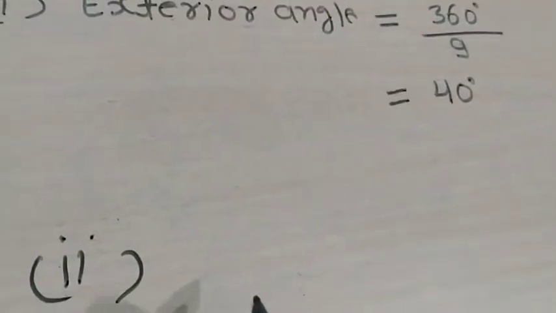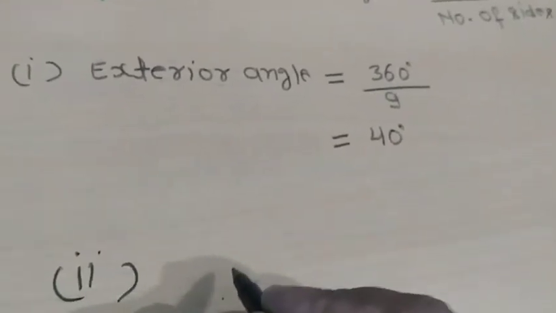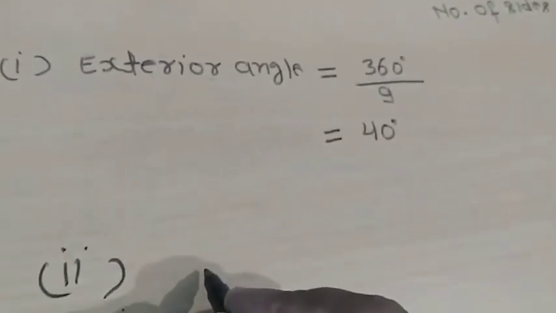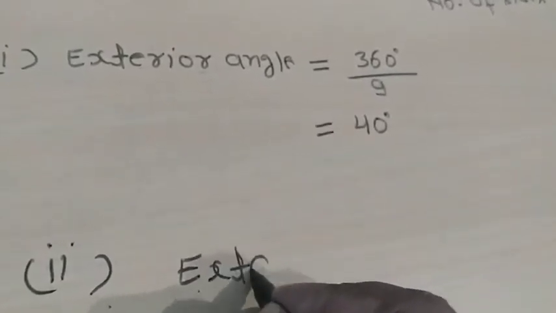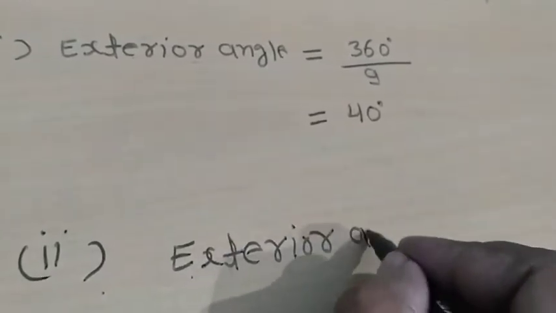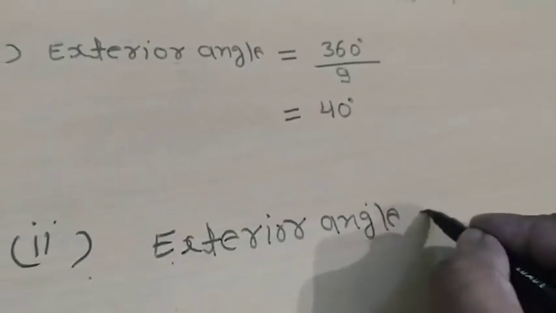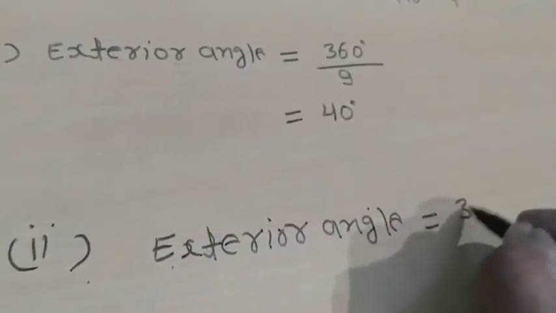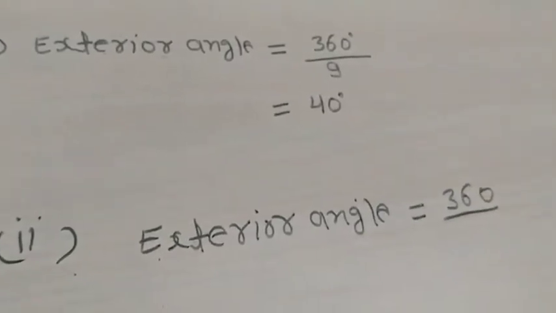Okay, so here number of sides is 15, so we find the exterior angle. Okay, number of sides is given as 15, so we find the exterior angle, which is equal to 360 by number of sides.